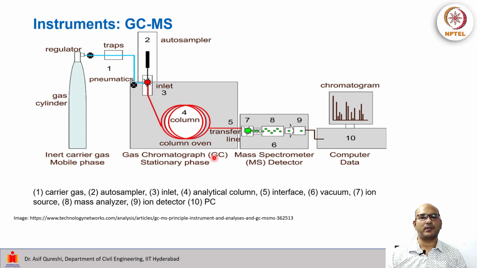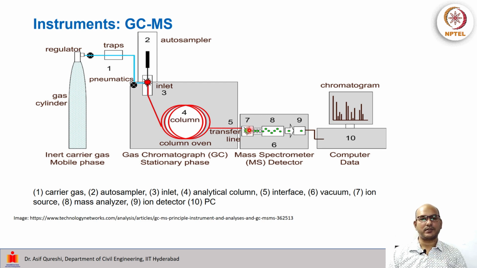In the gas chromatography column, when the carrier gas containing the analyte goes towards this column, the compounds are separated. Then they are transferred, in case of MS, to the mass spectrometer, or in case of any other detector, to the other detector.